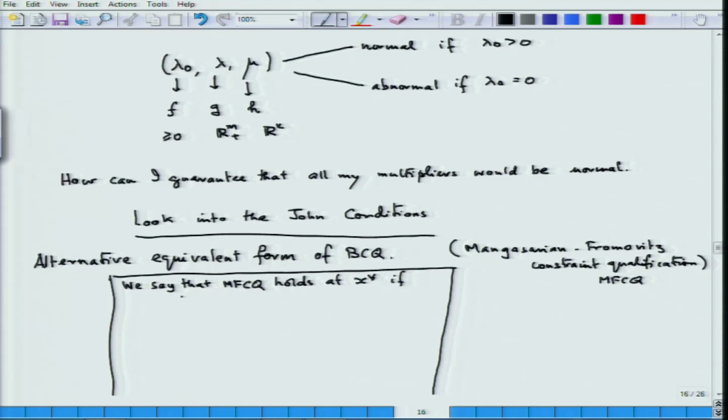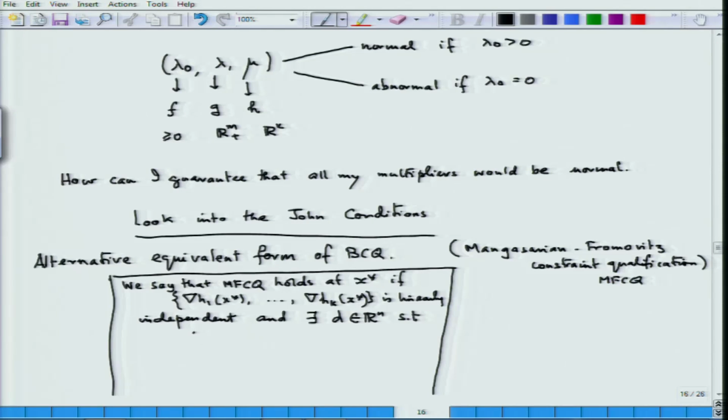If the set of vectors is linearly independent, and there exists d an element of R^n such that... actually these are nothing but applications of the separation theorems, but we have not done separation theorems in that great detail that we have done in the convex optimization course.